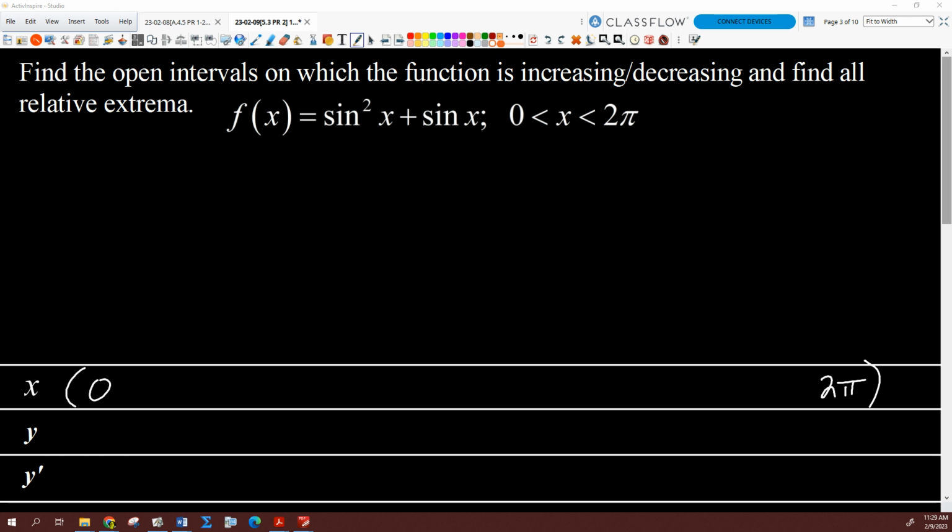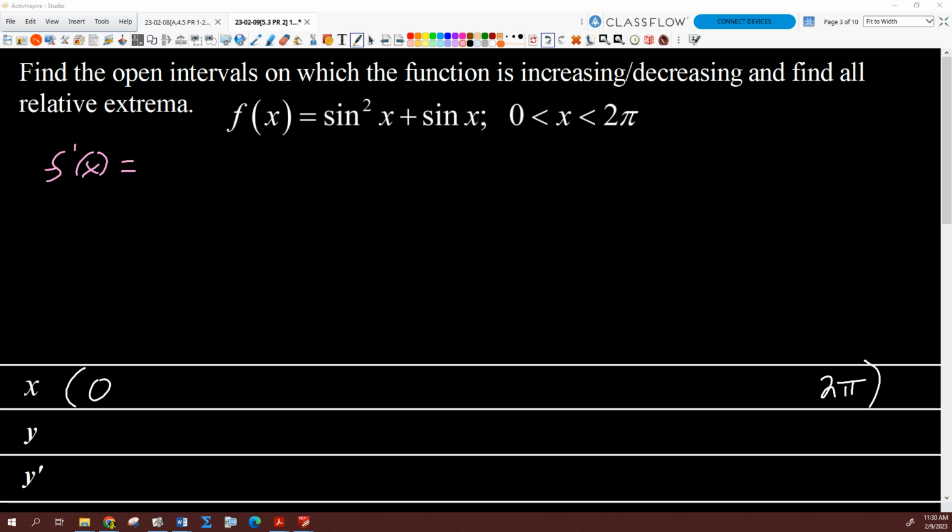Yeah, we've got to differentiate, don't we? Okay, so let's calculate the derivative. Let me scoot that over just in case we need more room. We might. So the derivative of the first term. Chain rule, good.